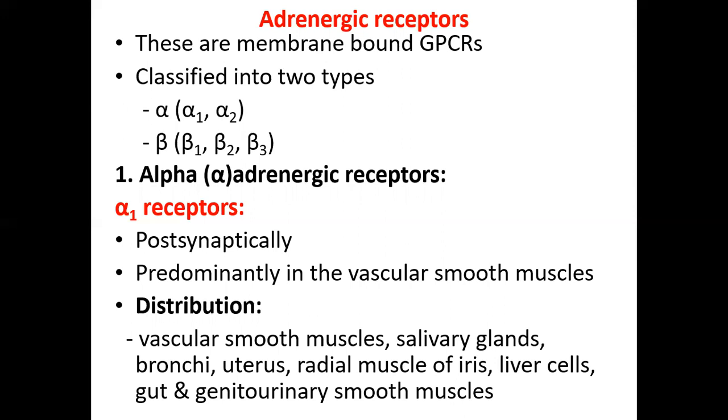Alpha 1 adrenergic receptors are present postsynaptically and predominantly in the vascular smooth muscles.